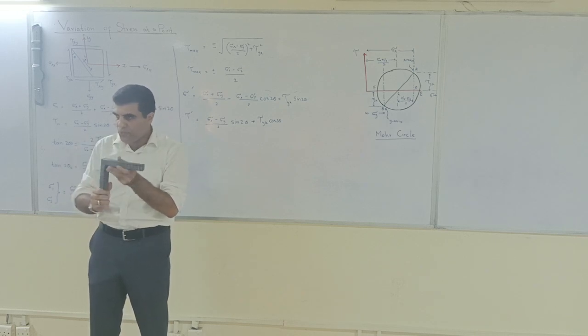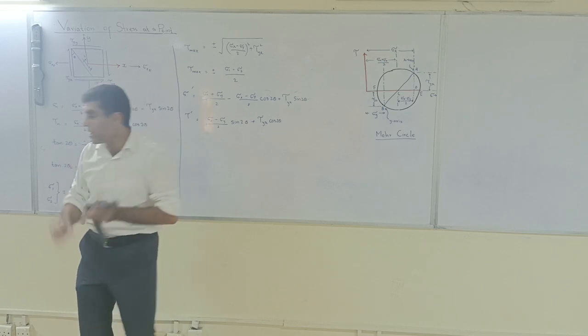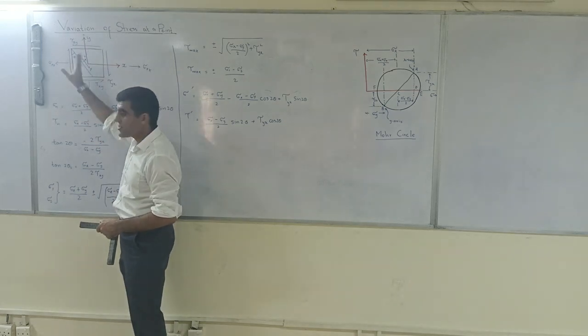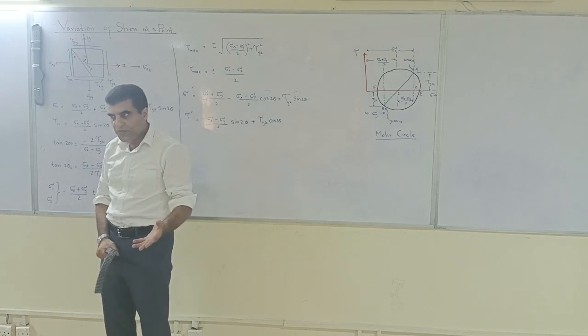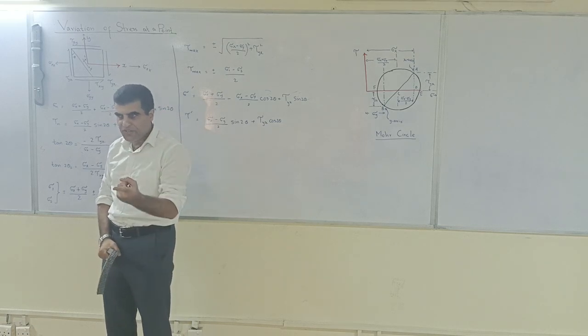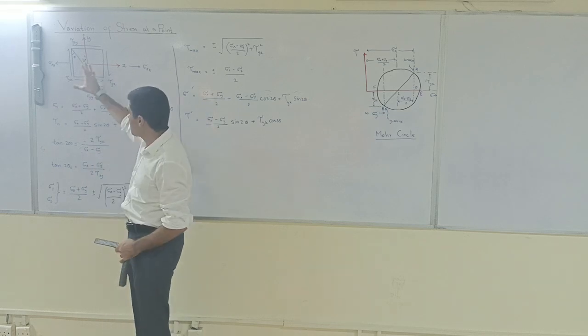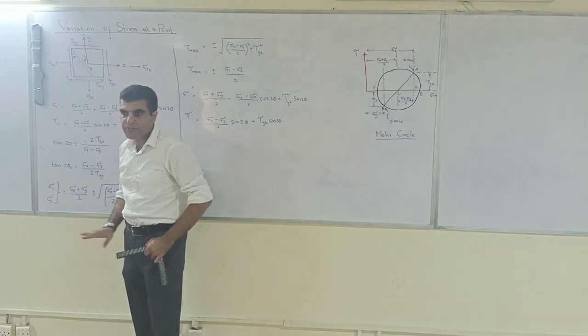For our convenience, we divide it into different boxes. Randomly we pick up one box, and on each and every side there is some stress. There are two types of stresses: one is axial stress and another one is shear stress. Therefore, on this box you can see axial and shear stress at each and every face.